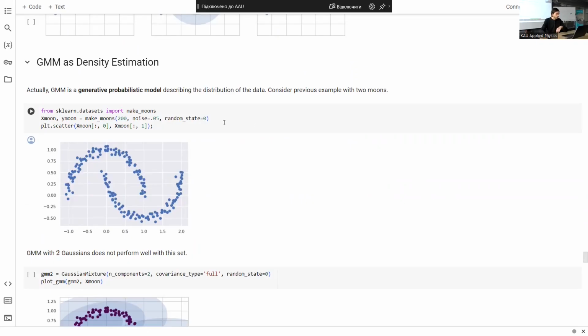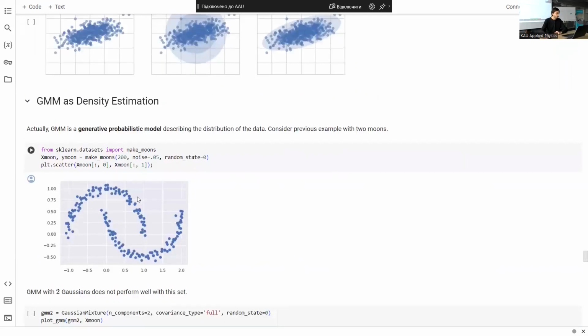Okay. Here is another example. And you might guess that in this example, the GMM model will fail. So it's not like we can solve every problem that we had in the previous lecture with GMM. Something can be solved, something cannot be.